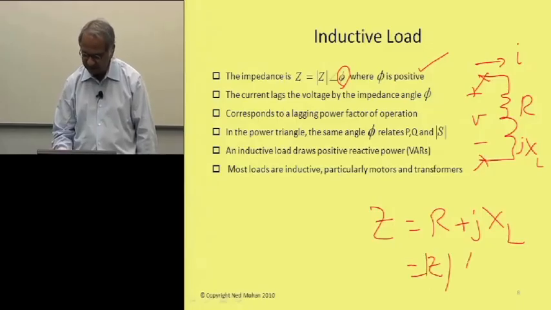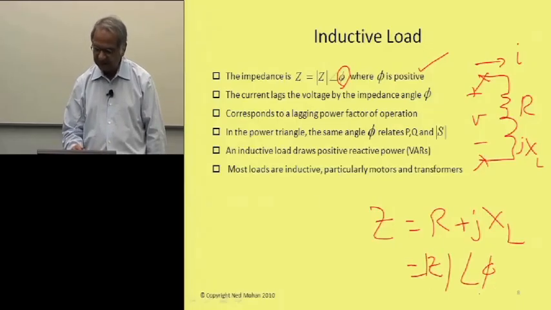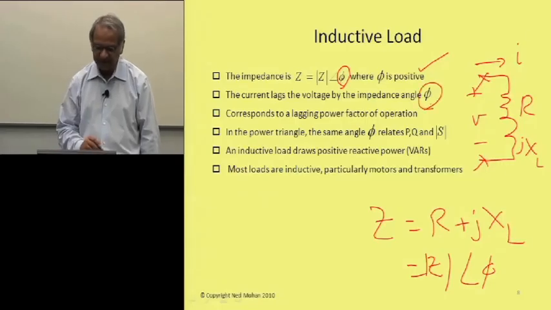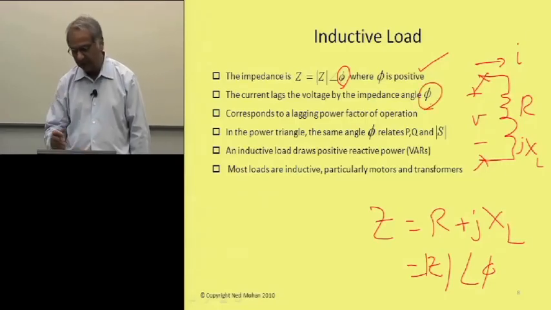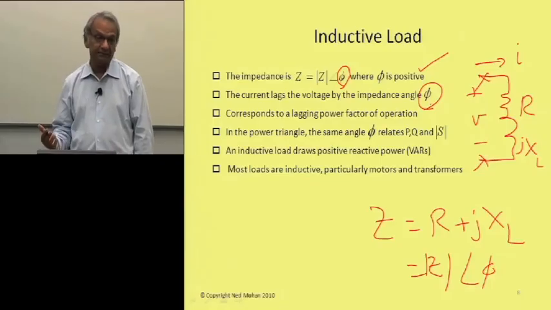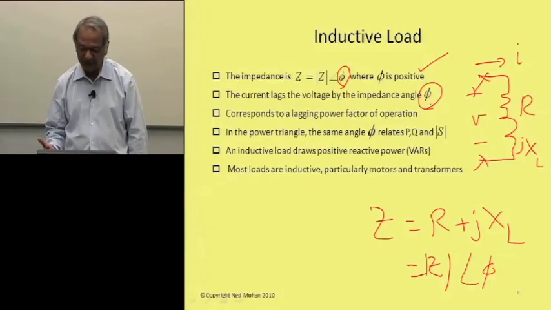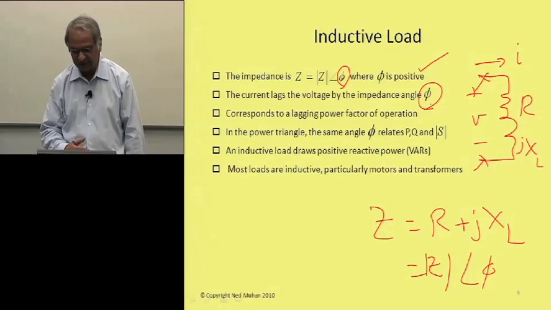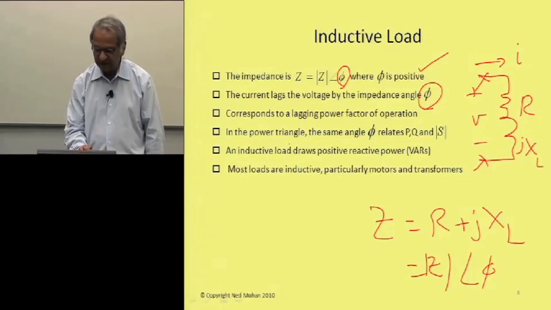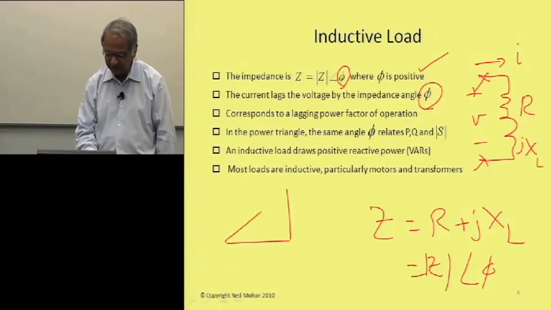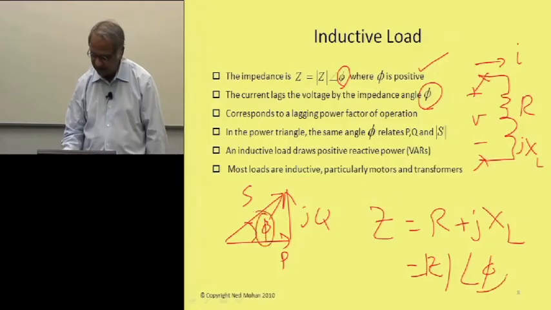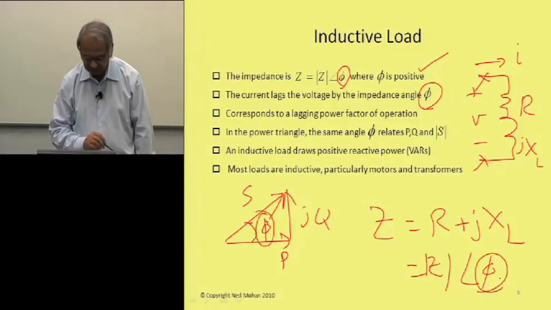This Z has a magnitude and this angle. So the current would lag by this angle phi. We will call this a lagging power factor: the load operates at a lagging power factor where the current lags the voltage. In this power triangle, when you draw P, Q, and S, this angle phi is the same as the angle of this impedance.